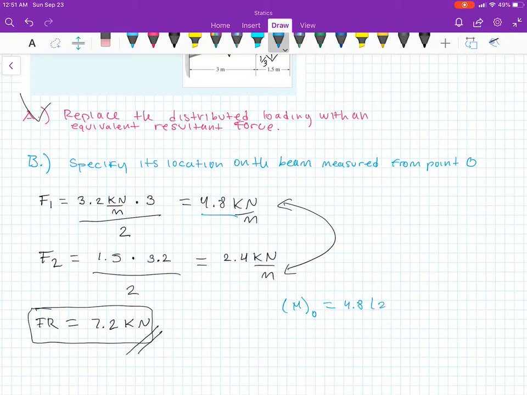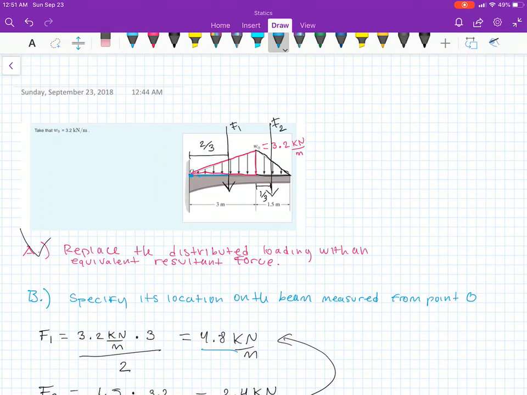So 2 meters, plus the second force, which is 2.4, and then we calculate it from how far O is. So it's all this.